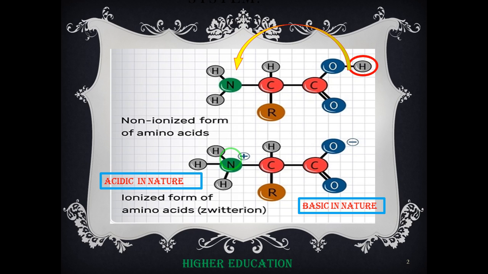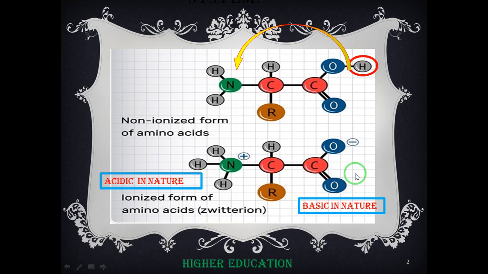You know that the nature of an acidic group is that it can donate a proton, and now the amine group can donate the proton and not the carboxylic acid. That's why the amino group behaves as acidic and the carboxylate ion behaves as basic in nature, and this structure is known as the zwitterion or ampholyte structure or ion.